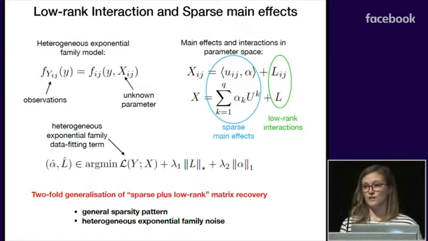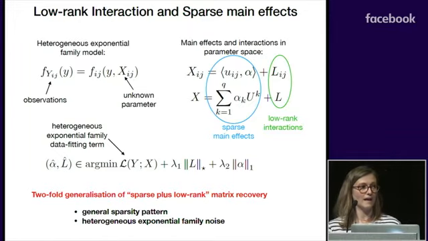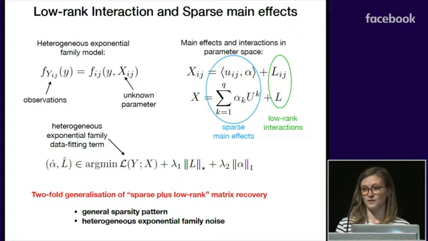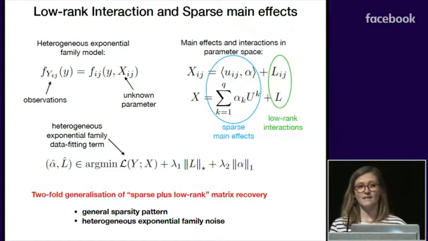It's a twofold generalization because first, in sparse plus low-rank matrix recovery, the sparse term is either entry-wise or column-wise sparse, while here it is sparse on an arbitrary dictionary of matrices. And secondly, the noise is not additive, it's in the exponential family, and it can be heterogeneous.